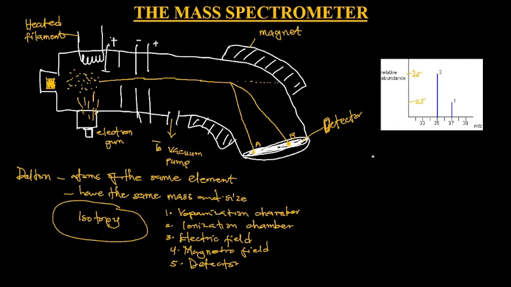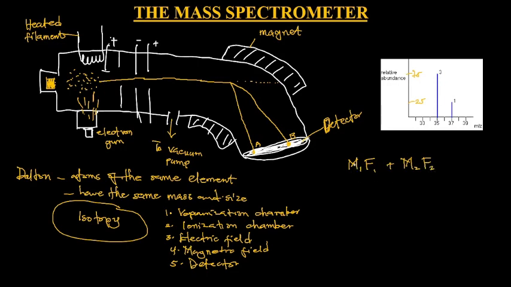So how do you do that? We do that by multiplying the mass with the fractional abundance. So mass of the first isotope times its fractional abundance, and then we add it to the mass of the second isotope multiplied by its fractional abundance.